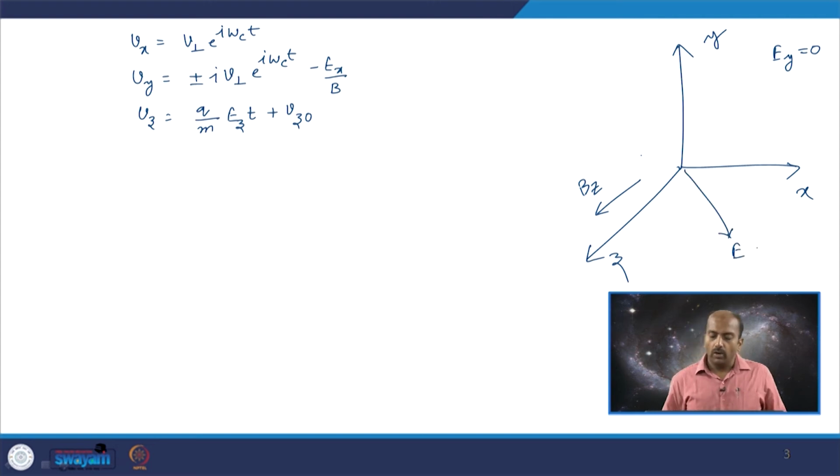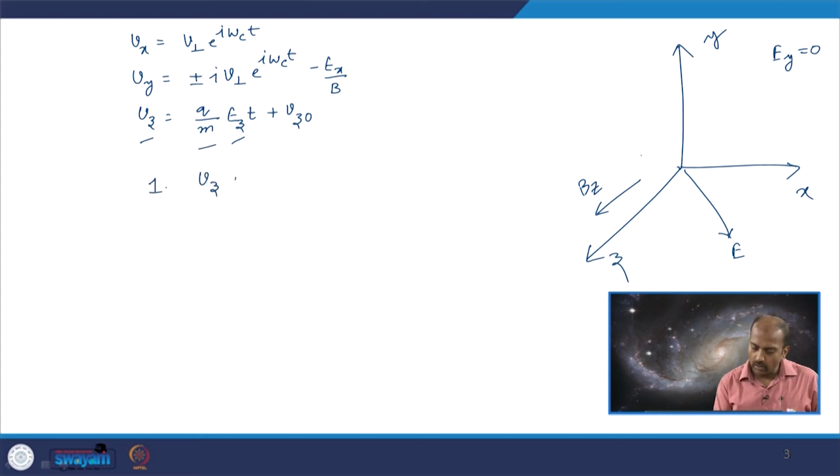Now, these three equations indicate that the Vz component depends only on Ez, so Vz is changing linearly with respect to time. So, inference 1: Vz is changing linearly with respect to time.